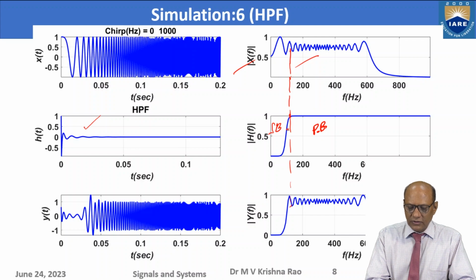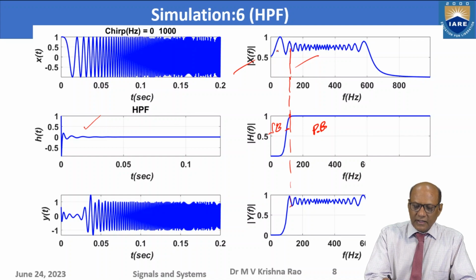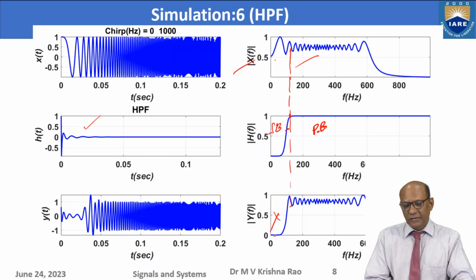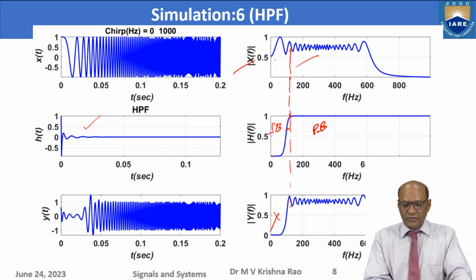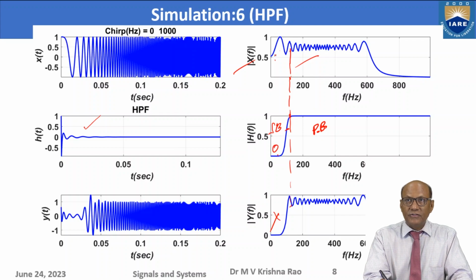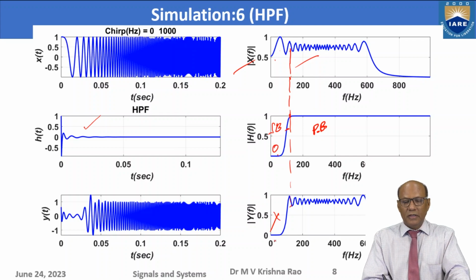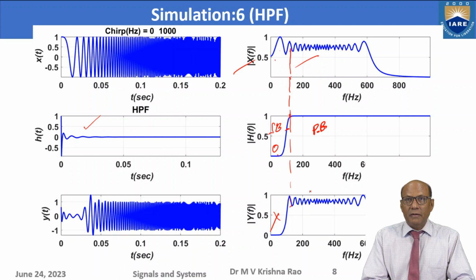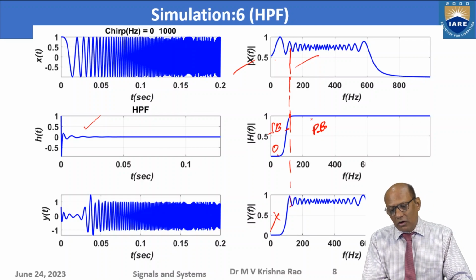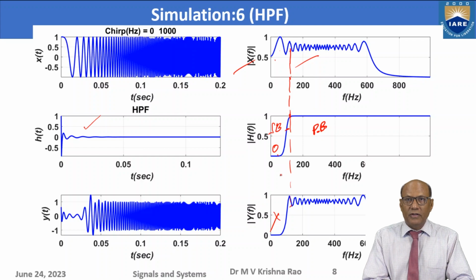This is also included here, so from here onwards you will get some flat thing. Whatever was there here is gone. It is not there because you are multiplying it by 0. This is the stop band, 0, and 0 multiplied by this becomes 0 here. So this is a similar spectrum, because it's a high pass filter which passes all the frequencies above the cutoff frequency.